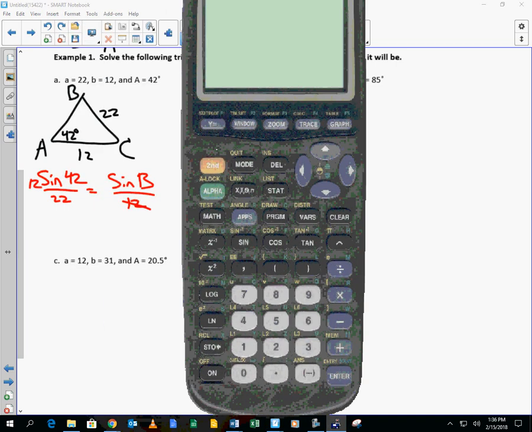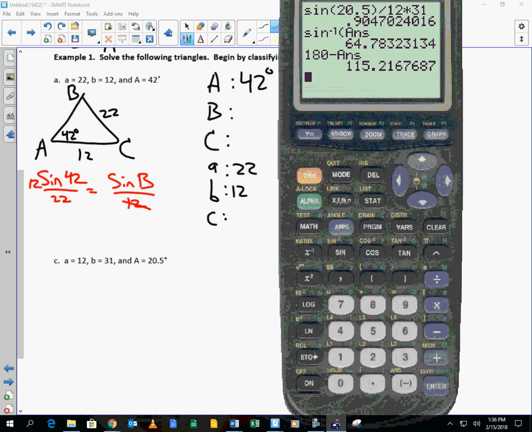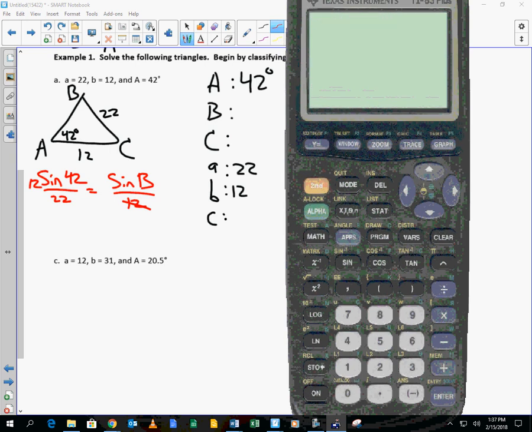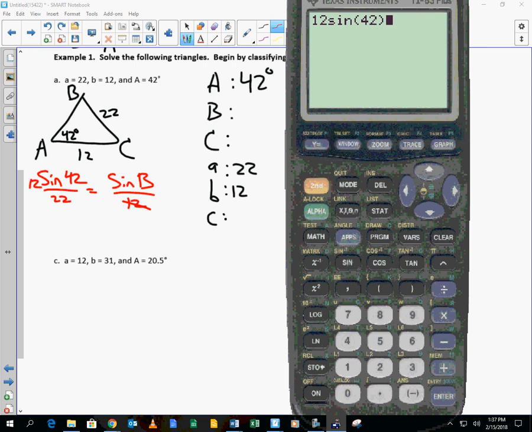Look at my handy dandy calculator, which really is a nice handy calculator. I got 12 sine of 42 divided by 22, and I get 0.36498, yada, yada, yada. So is it possible for sine to be equal to 0.3649?